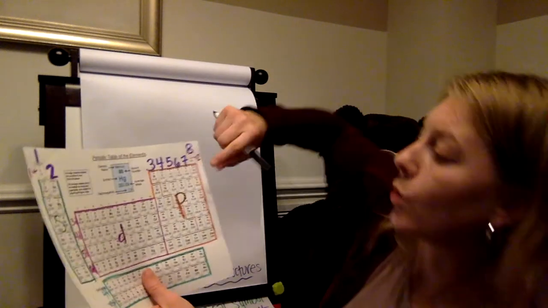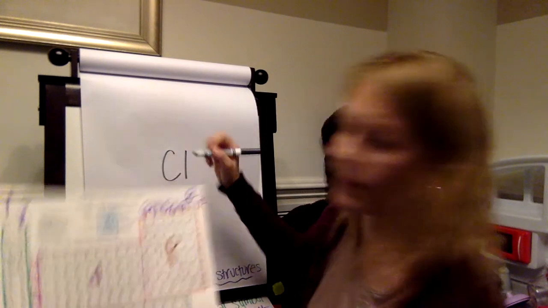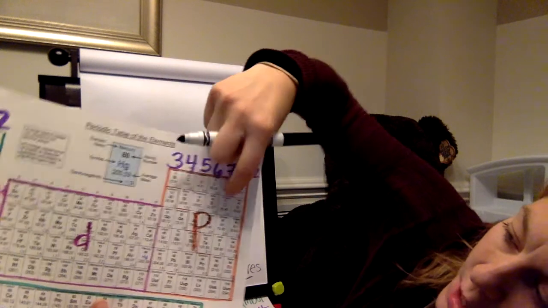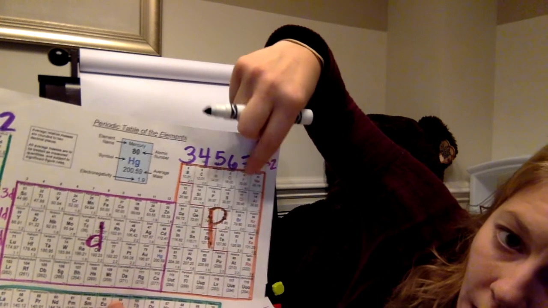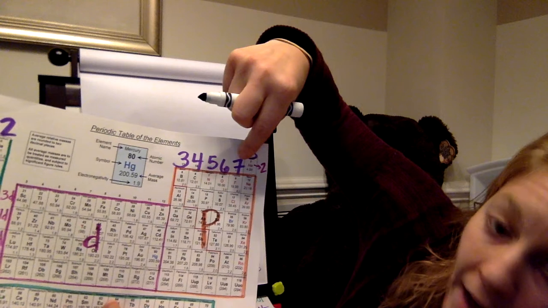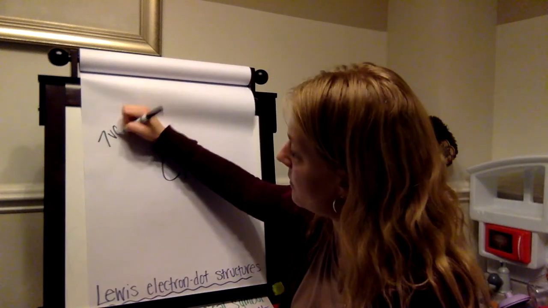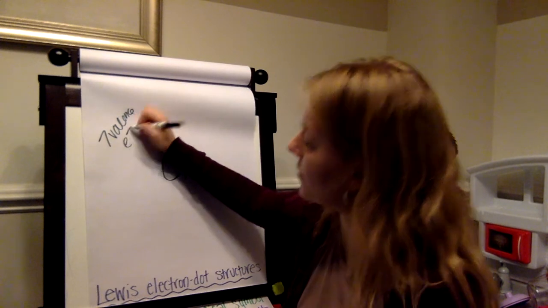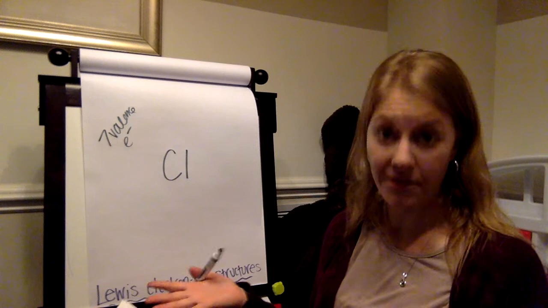all right? If we're looking at chlorine here, I'm going to do chlorine. Chlorine is right here. Cl is the chemical symbol. What column is it in? The column of halogens, which have 7 valence electrons. So 7 valence electrons, we need to draw those in. There's at least 2, right?